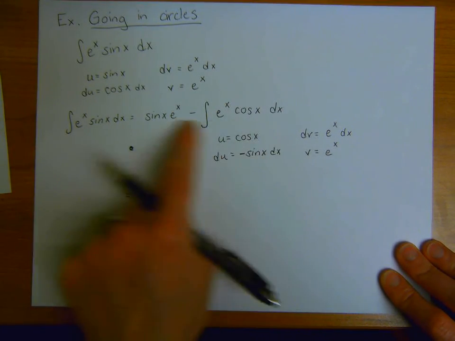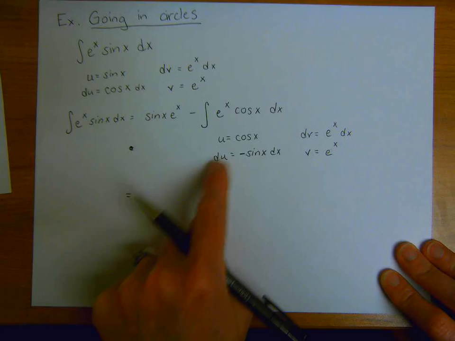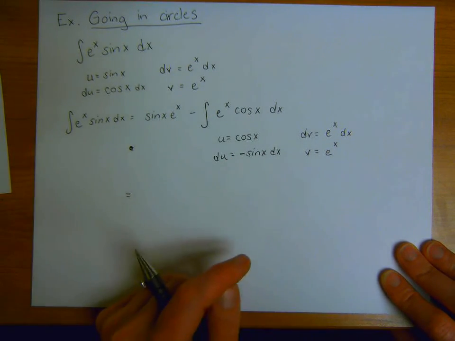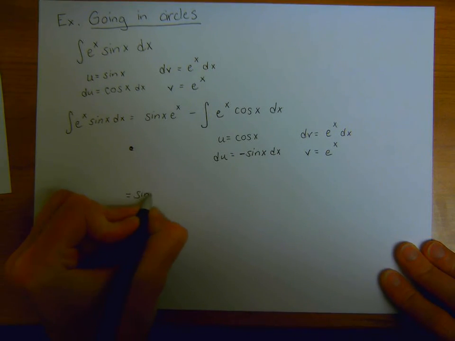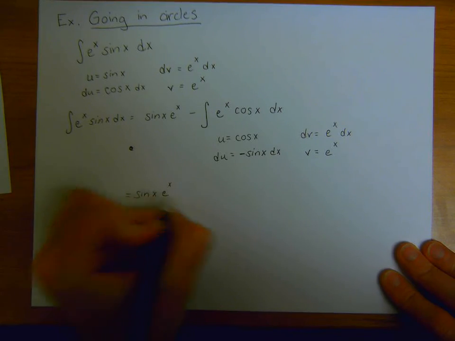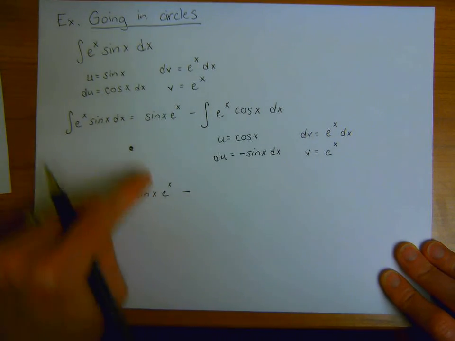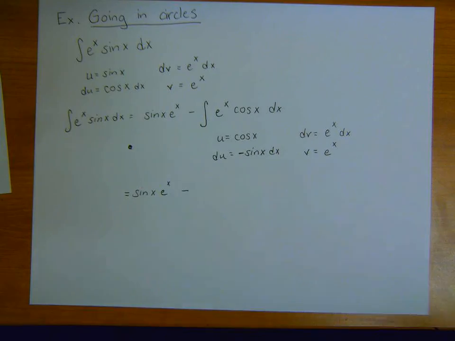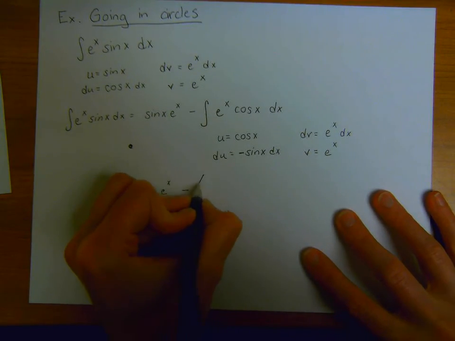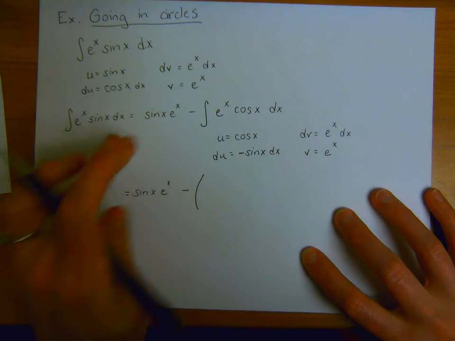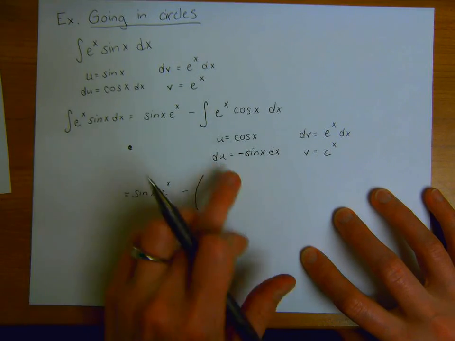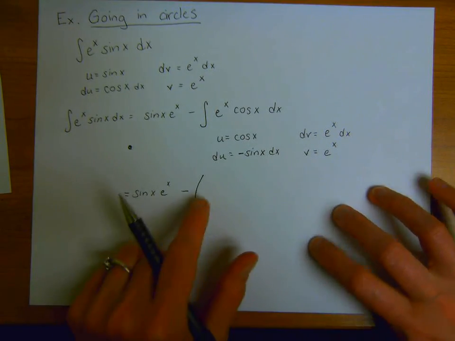So this whole integral here becomes the pieces of integration by parts. So I get sine of x e to the x minus, notice that I take this along. Sometimes it's easy to forget it if you just leave it out somewhere. So be conscientious of all of the different functions that get left behind when doing integration by parts multiple times.